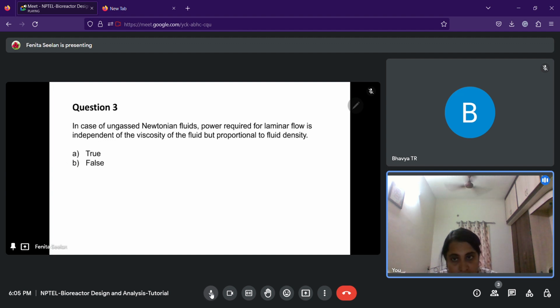In case of ungassed nutrient fluids, the power required for laminar flow is independent of the viscosity of the fluid, but proportional to the fluid density. What is the answer? True or false? In case of ungassed Newtonian fluids, is the power required for laminar flow independent of the viscosity or dependent on the viscosity?